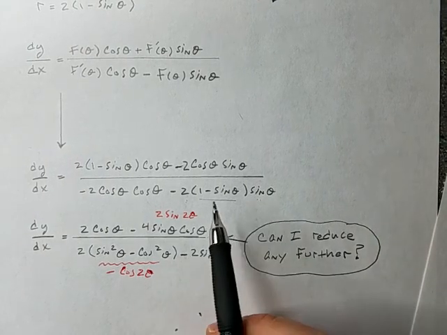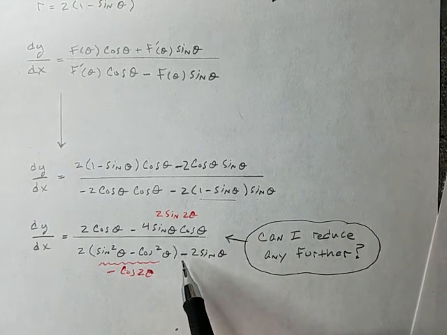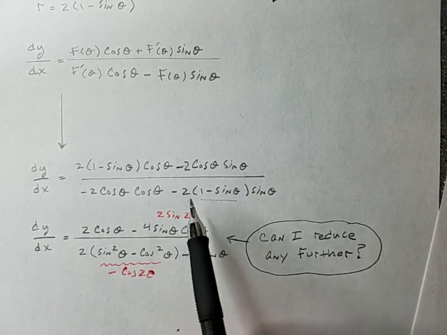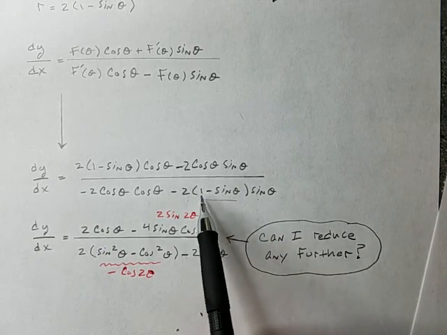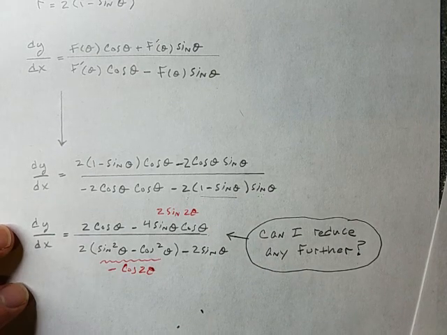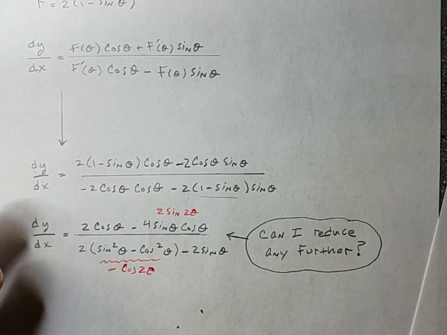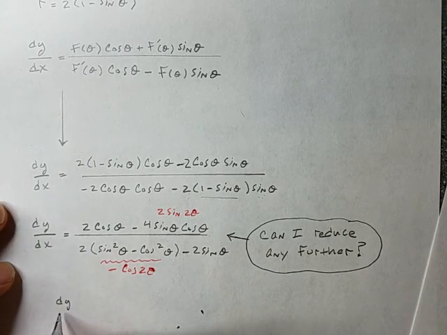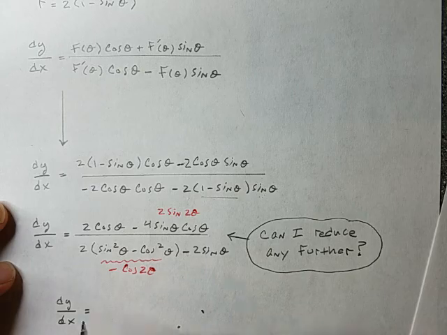I realized I had written the wrong sign right there. That should be minus 2 sine theta. I got minus 2 sine theta times 1. Sorry about that. So that should be a minus. From here, what am I going to get for dy over dx?